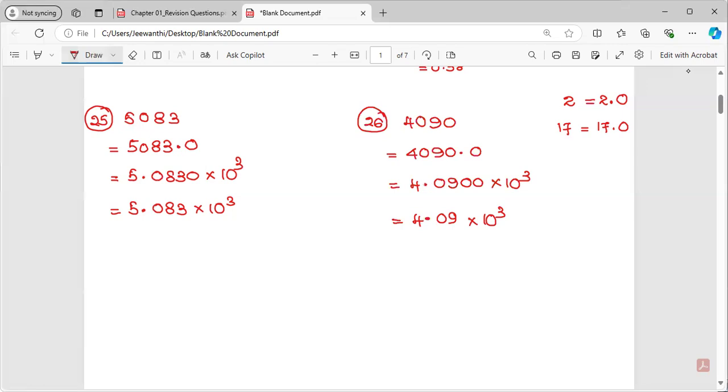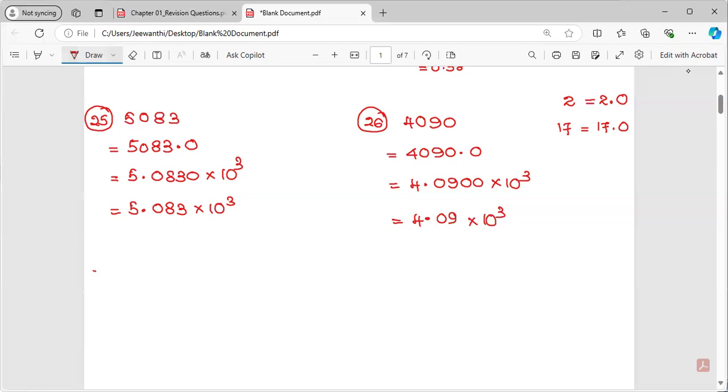But in question number 26, you can see when I'm writing the final answer, I skipped 2 zeros. One is in the question itself with 4090, and the other 0 that I took to have the decimal point. So finally, I skip both the zeros because there is no point of keeping those 2 zeros at the end if it is a decimal number, right?